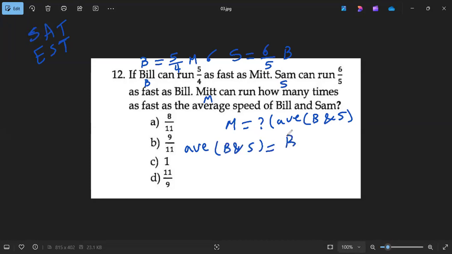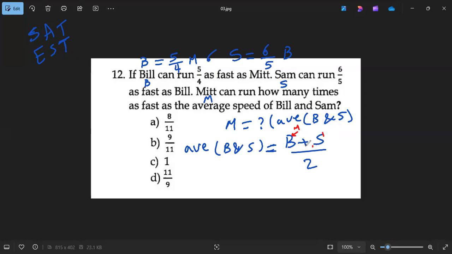It equals B plus S, the values we plug in as part of the proportion, over 2. This is the average, and it must be in terms of M. So how many M's is B, and how many M's is S as well?